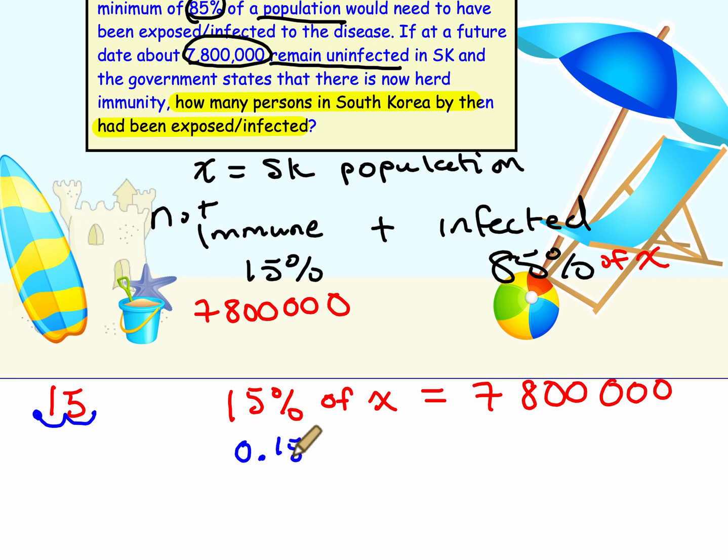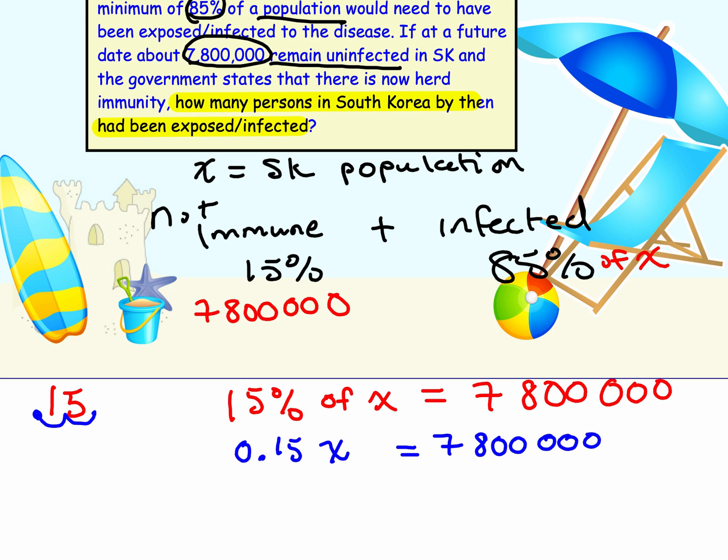Remember the word "of" means multiply, so we're multiplying by x, and it's equal to 7,800,000. Now we have an equation. It says 15% of the population is 7,800,000, and now we can solve it.